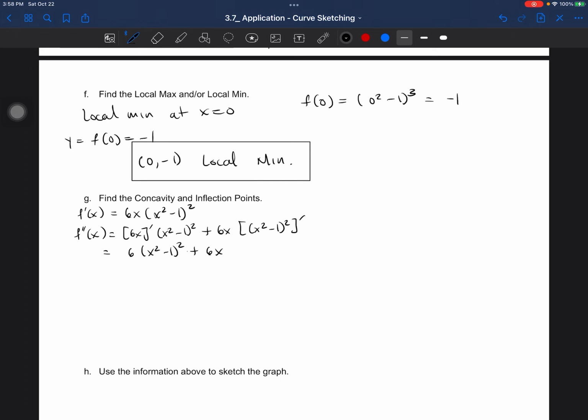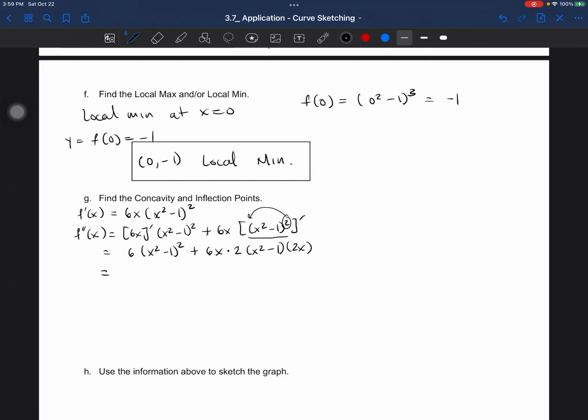Using the product rule, the derivative of 6x is 6, times x squared minus 1 squared, plus 6x, and the derivative of this function here, by using the chain rule, is: bring down the 2, leave the inside as it is, subtract 1 from the power, and multiply by the derivative of the inside. I'm going to just take the derivative of the inside for now, which is 2x, instead of doing the extra step that I usually do, but for purposes of time, I want to move this problem along.